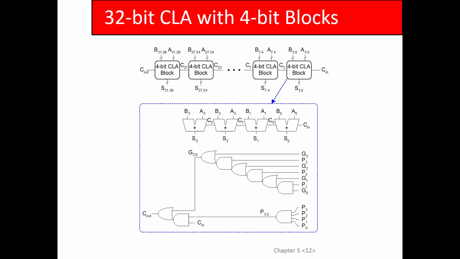All right. So then from this, we can figure out what the carry out is. This guy, based on these guys and the carry in coming into this block. Right? Now you might say, wait a second, hold on.